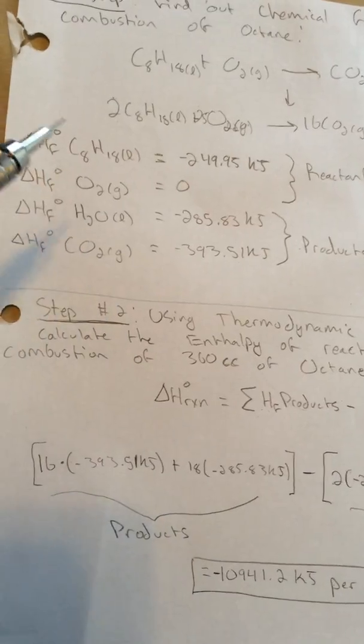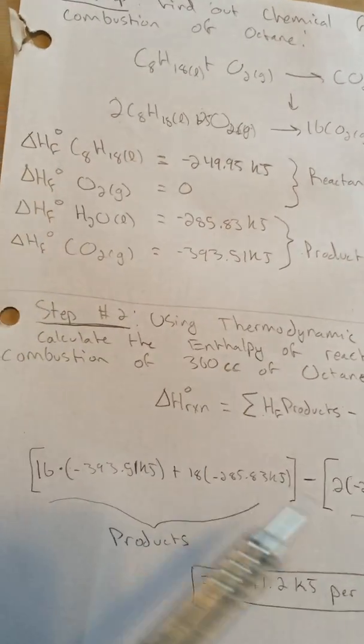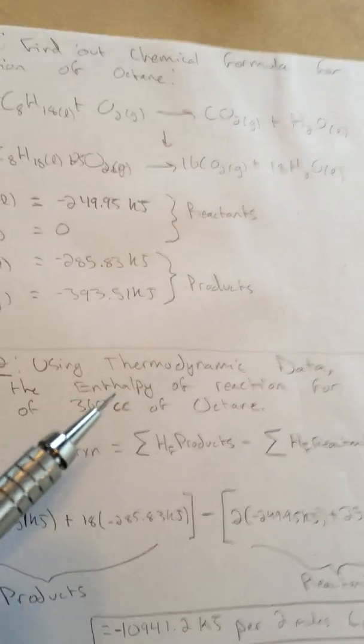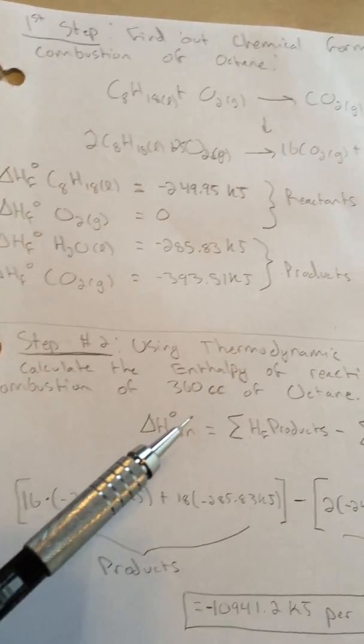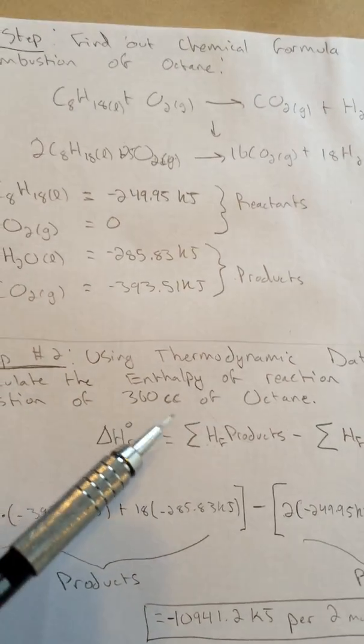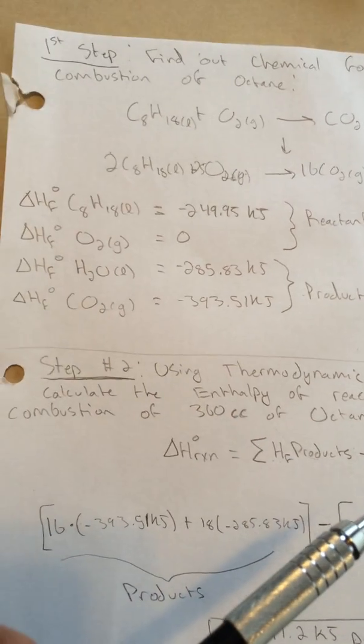Step 2 is using the thermodynamic data, this table here, to calculate the enthalpy of reaction for the combustion of 360 cubic centimeters of octane.